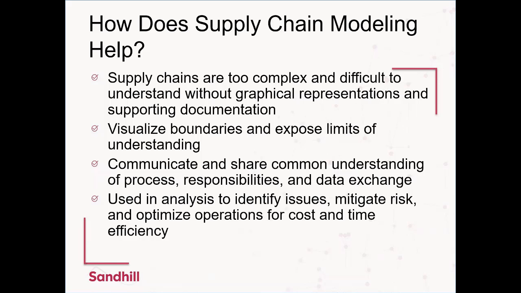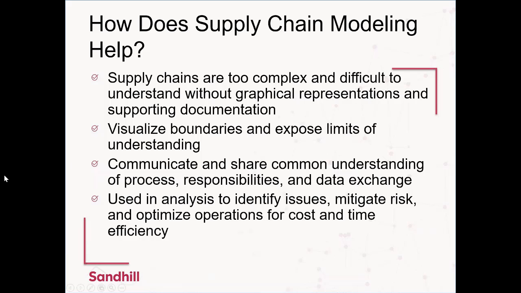But the great thing is, once you have a model of your supply chain, you can communicate and share it so that you have a common understanding between the different participants of what processes they perform, what responsibilities they have, and what data actually gets exchanged between them.